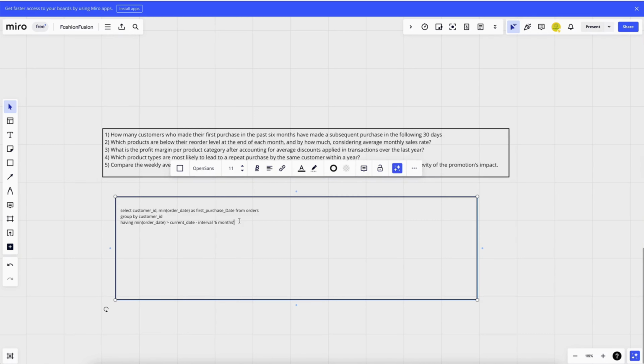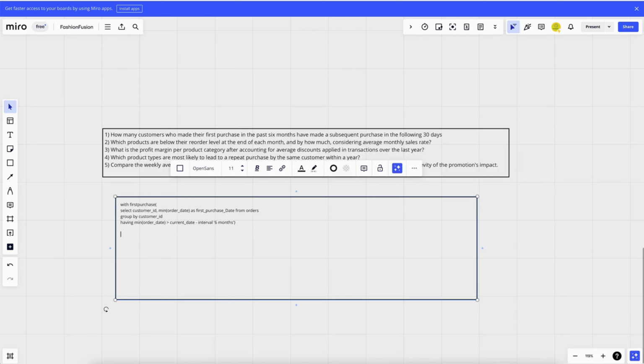So this gives us the customer information of who made their first purchase by selecting the minimum order date of that customer, and then having this condition greater than current date minus 6 months. That gives us, for the past 6 months, who made the first purchase. I'll keep this one as a WITH clause, and I'll call this first purchase here.